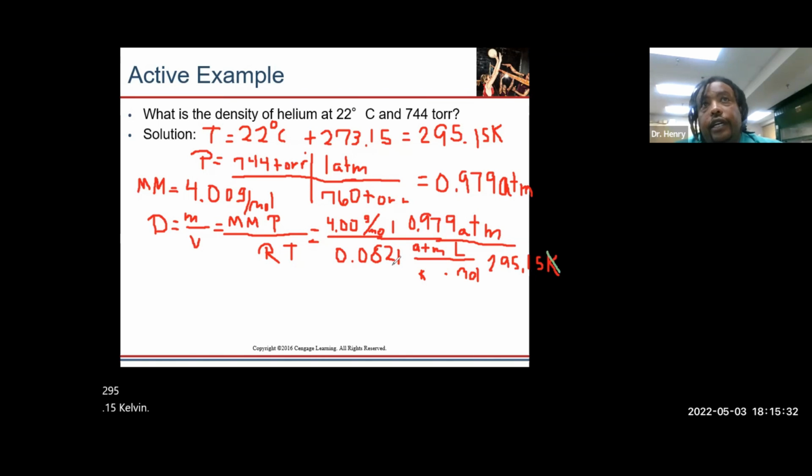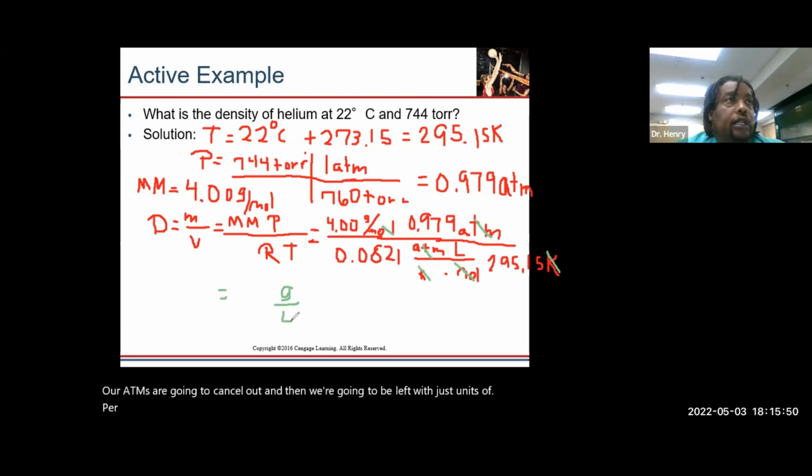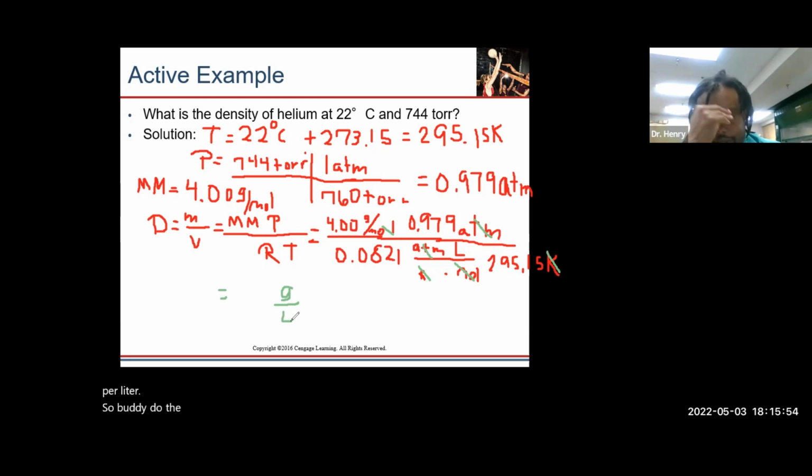Okay, so our Kelvins are going to cancel out, our moles are going to cancel out, our atmospheres are going to cancel out, and then we're going to be left with just units of grams per liter. Somebody do the hard math for me.